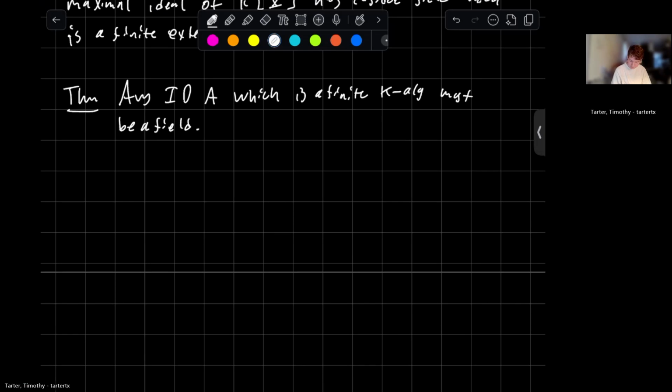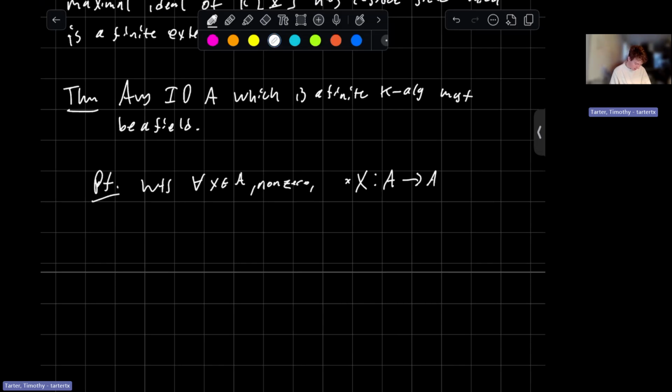And then the proof is that we want to show for every nonzero x in A, multiplying by x on the right from A to A is an isomorphism.